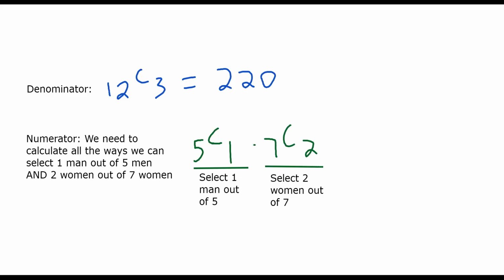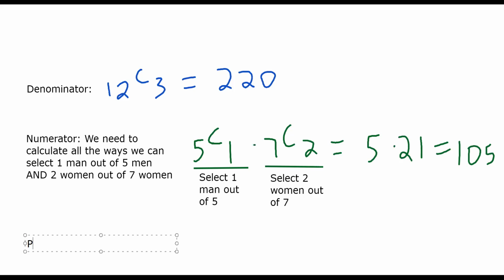Calculate each of those combinations individually, then multiply them. So 5C1 is 5. 7C2, let me see if I can use my math brain, should be 21. 7 times 6 divided by 2, 7 times 3. So we get 5 times 21, which is 105.